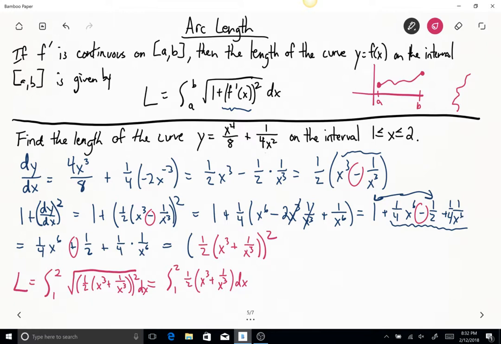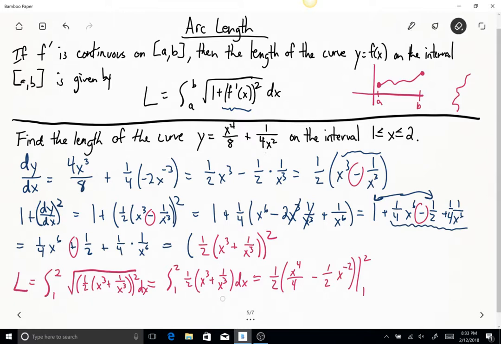So that's what we're trying to work with. And then this thing becomes 1/2, 1 over x cubed, remember, is x to the negative 3. So when we do this, we get 1/2. This is x to the 4th over 4. Okay. So it becomes minus 1/2 x to the negative 2, evaluated at 1 and 2.